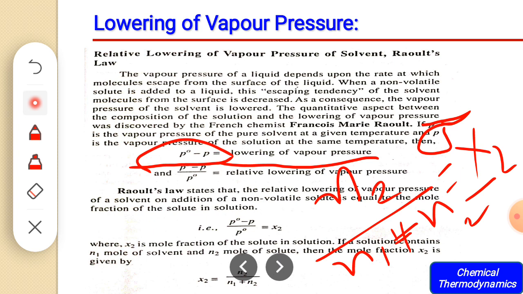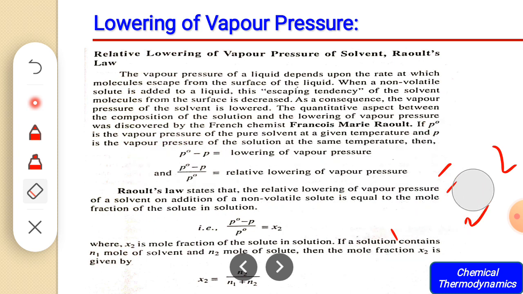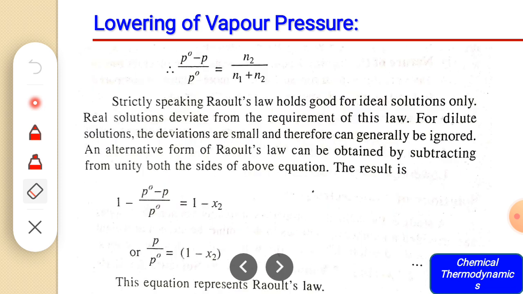So x2 is equal to P0 minus P divided by P0. Now if we put the value of x2 in terms of number of moles, we simply get this equation: P0 minus P divided by P0 is equal to N2 divided by N1 plus N2.